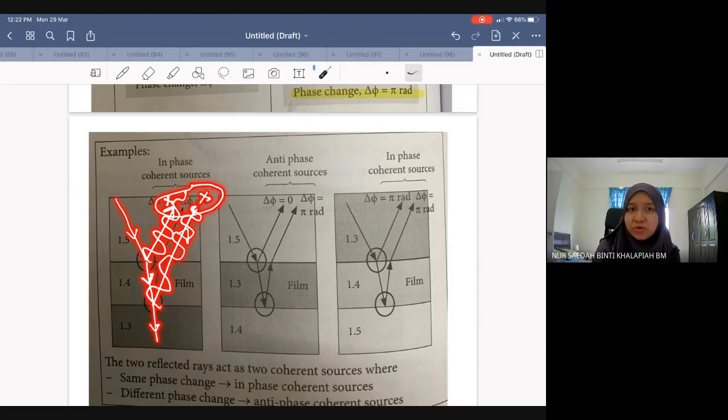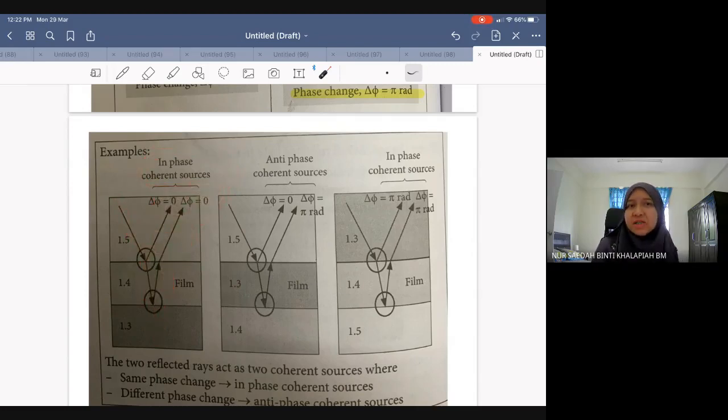So these two sources of light, we call it as in-phase coherent source. Because of what? Because dua-dua light kita has no phase change. Satu pangkah juga. Maksudnya no phase change. So this is in-phase coherent source to produce interference.